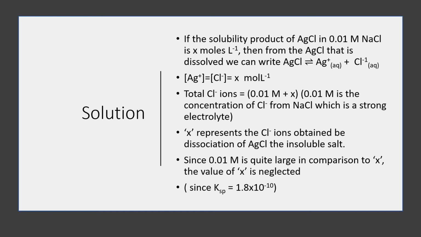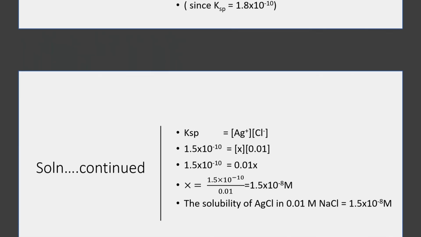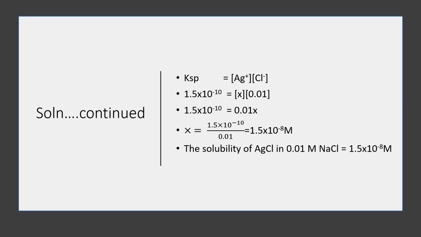Once you make that assumption, write an equilibrium constant expression, substitute the values, and you should be able to find out the molar solubility of AgCl in 0.01 mole per liter of NaCl. The Ksp expression is written here, and that's this one. Ksp value is given, it's 1.5 into 10 to the power of negative 10. We want to find out how many moles of silver is present in it, which also means that is equal to the number of moles of silver chloride because the ratio is 1 to 1.